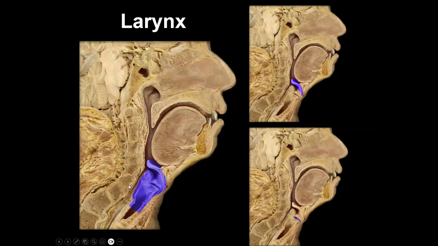So down here's our larynx, the anterior start of our respiratory system only.